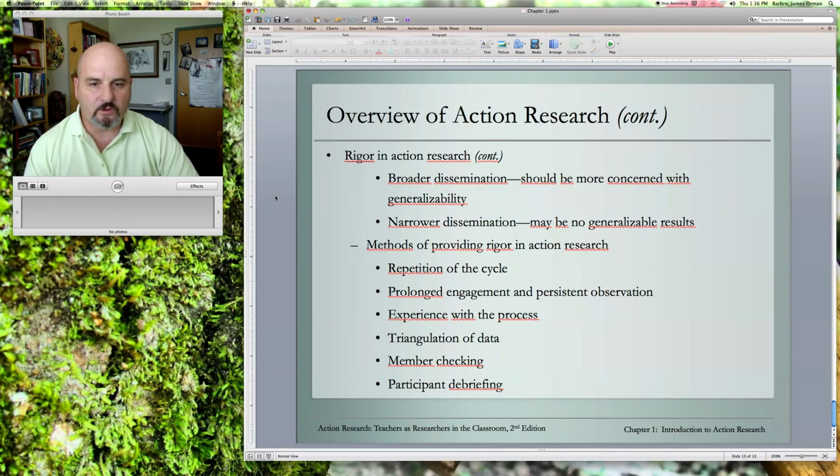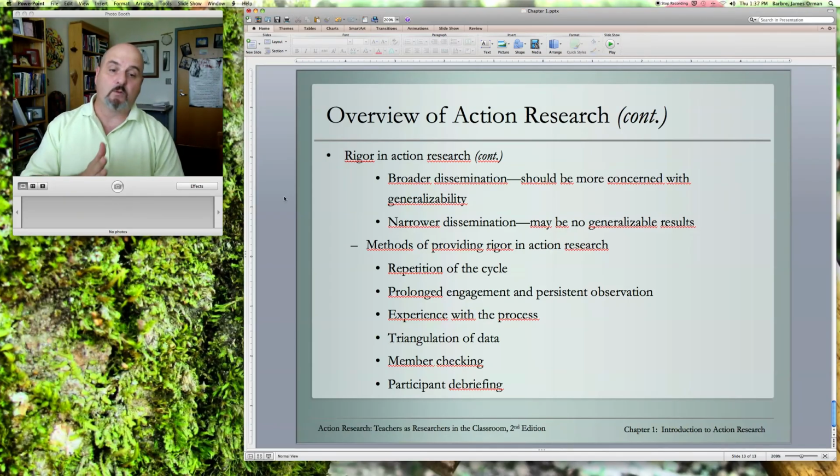What I want you to think about is when we had talked about qualitative research being time and context bound. There's nothing wrong with disseminating the results of an action research project to a larger audience. You should not expect that they will readily apply to everything or to every person in the new place that they are disseminated to.